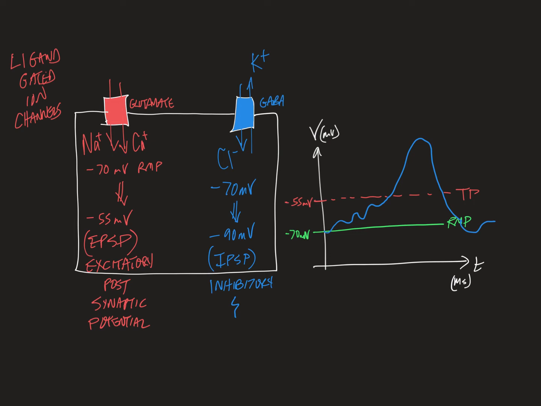So what do we have? We have 5 main things that we've talked about that polarize or depolarize the cell. Polarizing effects from sodium and potassium channels and the sodium-potassium ATPases, and then depolarizing voltage-gated channels like these two here.